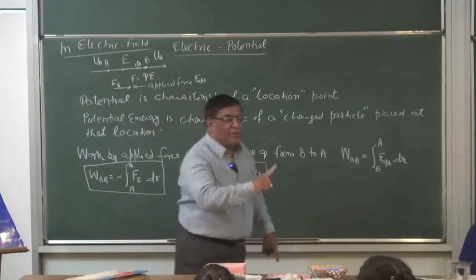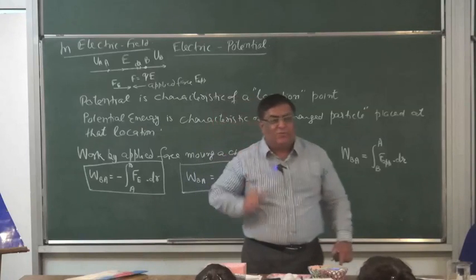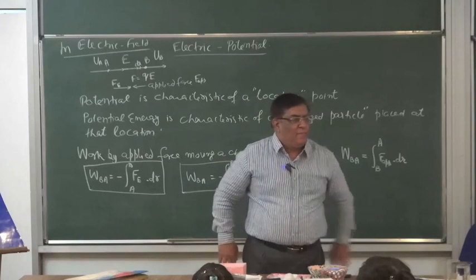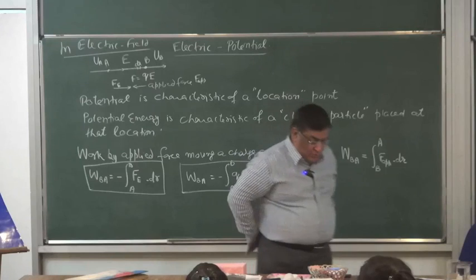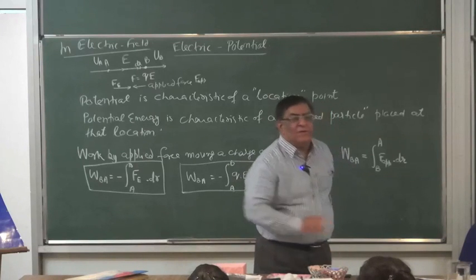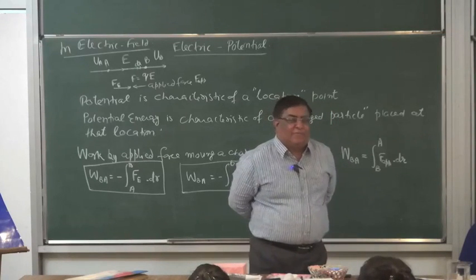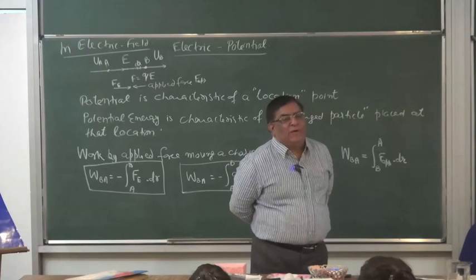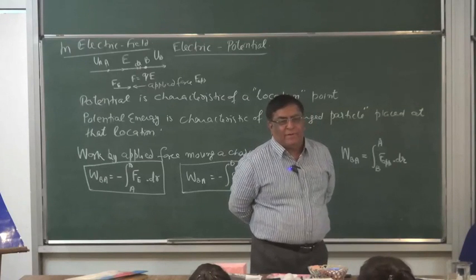Because going from B to A, we have to do certain work. So now these two potential energies are different. What is the difference in the potential energy? U_A minus U_B.